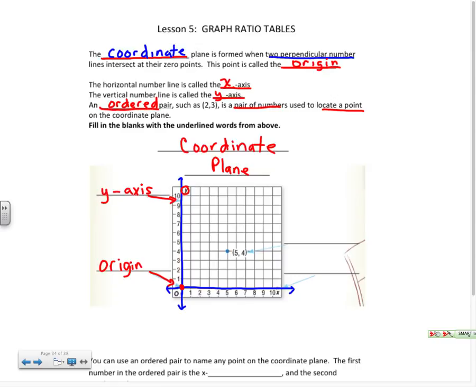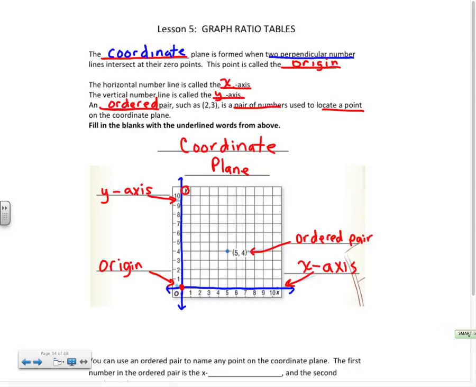They cross each other, or they intersect each other at 0. This here is pointing to our x-axis. And then this one here is pointing to an ordered pair, and our ordered pair in this case is 5, 4. So let's see how we graph these ordered pairs.